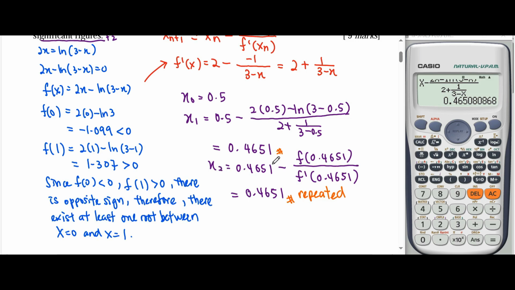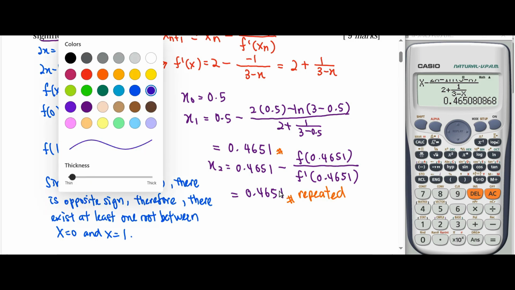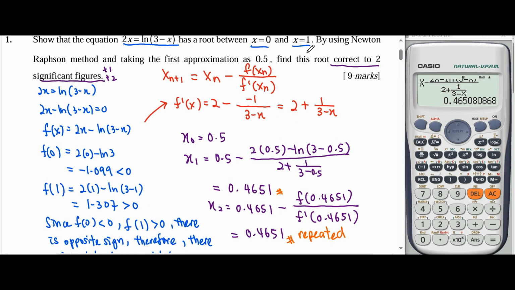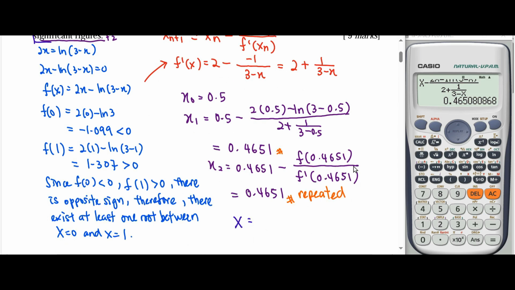When your x is repeated, it means your stopping criteria is achieved, then we can start to conclude the final answer. The value of x, which is your root here that you need to find, rounded correct to 2 significant figures. It will be 0.465, rounded off becomes 0.47.